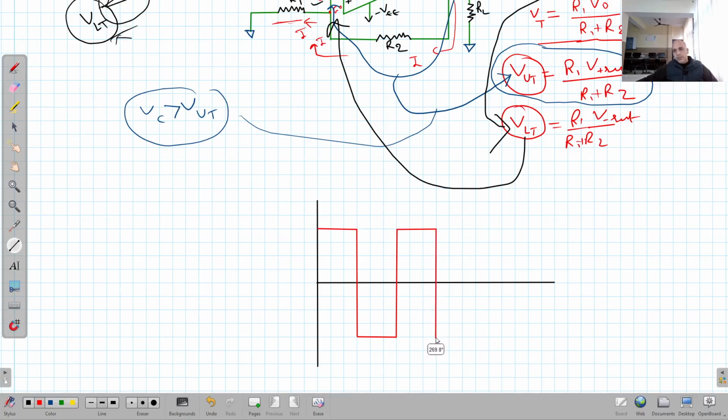This is the output waveform I have drawn here. We will see how this output waveform is generated.